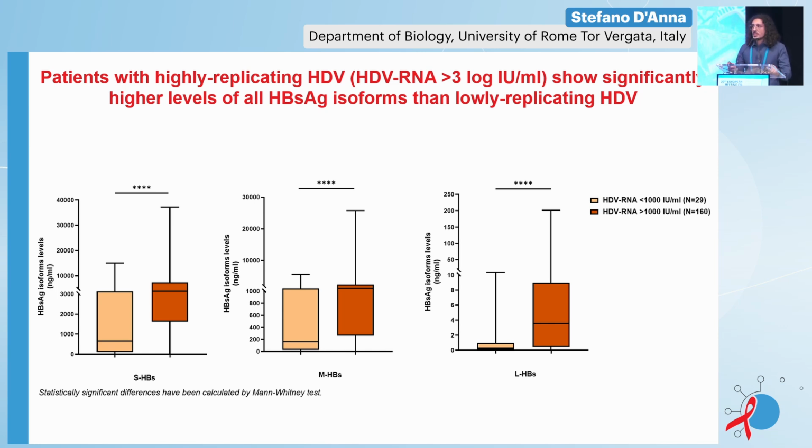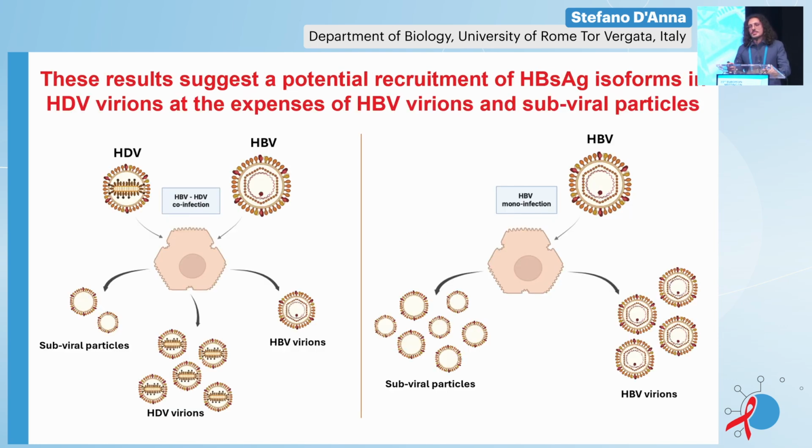Indeed, people with HDV RNA levels higher than 3 logs of units per ml showed increased levels of all 3 HBs isoforms. These findings support the hypothesis of a different potential recruitment of HBs isoforms between delta co-infection and HBV monoinfection for the production of delta variants at the expense of HBV variants and subviral particles, which result less represented in the setting of a highly replicative HDV.